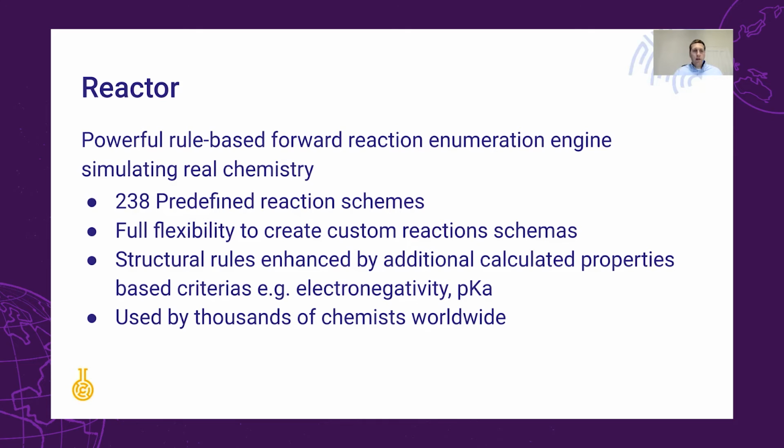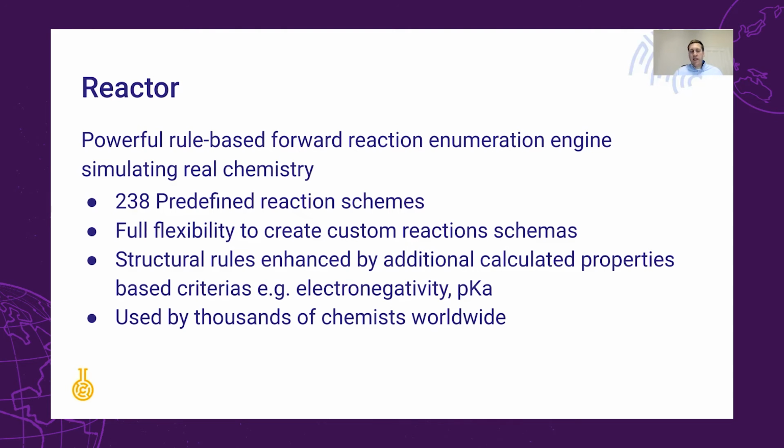It includes more than 200 predefined reaction schemas, and it has full flexibility to create your custom reaction schemas. The structural rules are enhanced by additional calculated properties, for example, electronegativity, pKa, and other calculated values, that help to formulate more chemically feasible reaction rules.